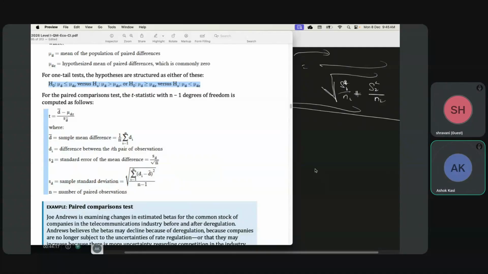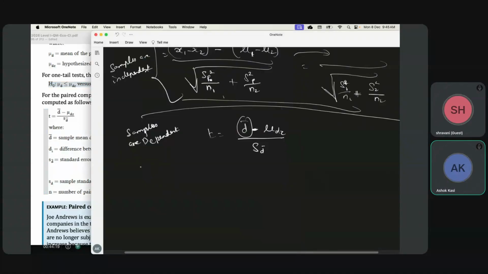But this is the formula, and at least the formula you should know. I don't think they are asking sums outrightly, and even if they do, it will be just plugging the numbers into the formula.